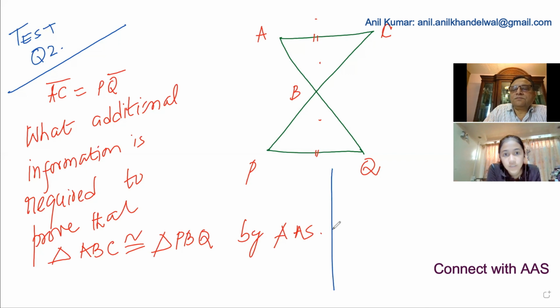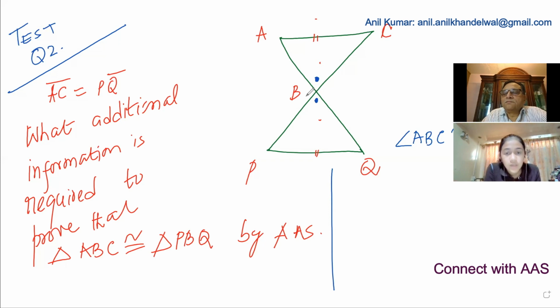We need angle ABC and angle PBQ to be congruent angles. There should be a mark here. These both angles are same. Okay. What else? So then, you want that angle B on both the sides should be equal, right? Yes. Okay. What else?